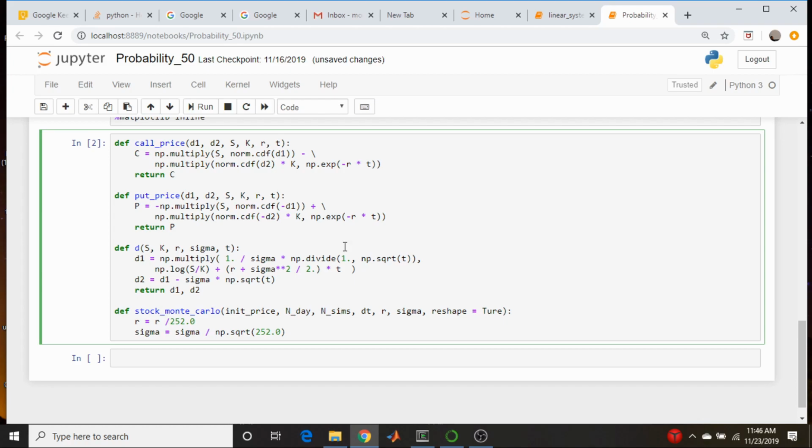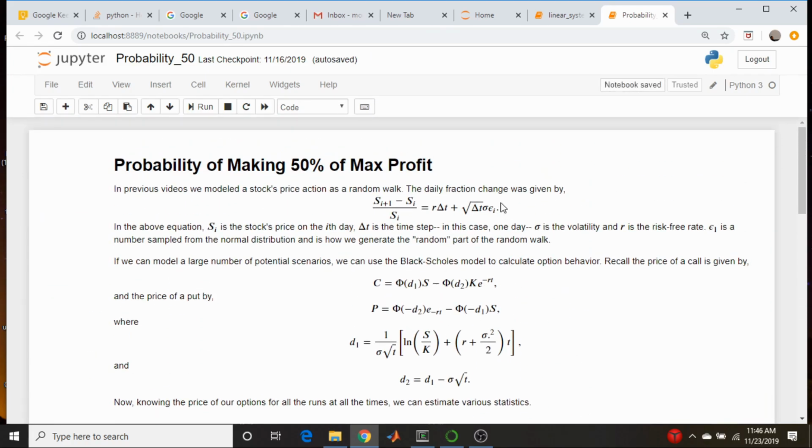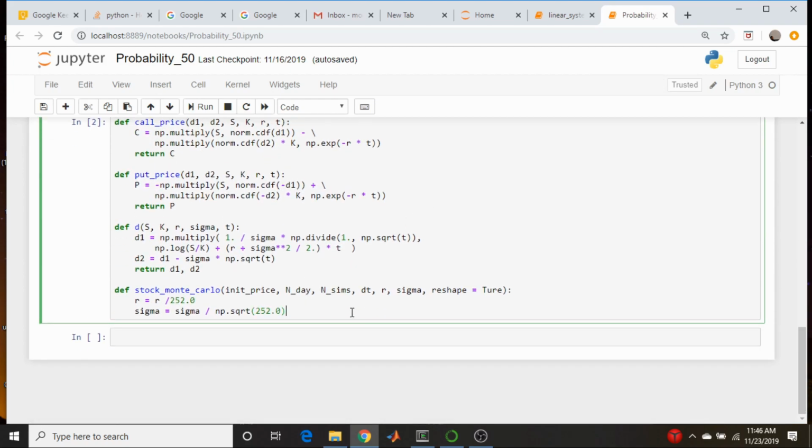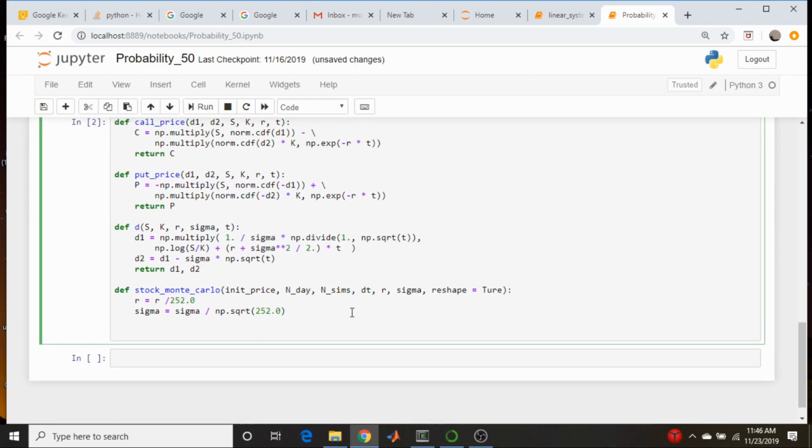Next I need that epsilon value, that random number in our Monte Carlo simulation. So let's do this down here. Epsilon equals np.random.normal, and the size of this matrix is going to be the number of simulations and the number of days.